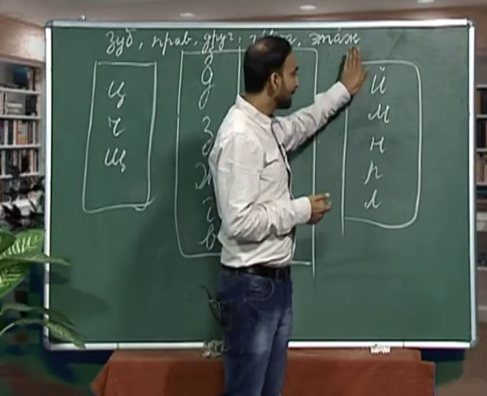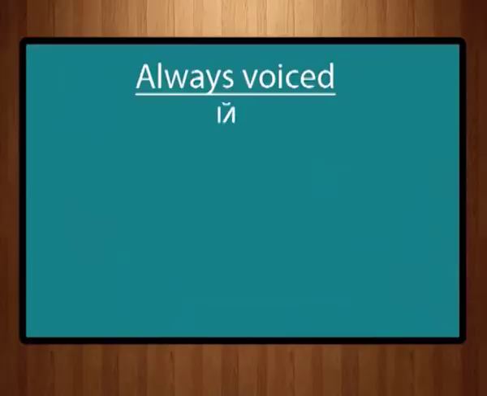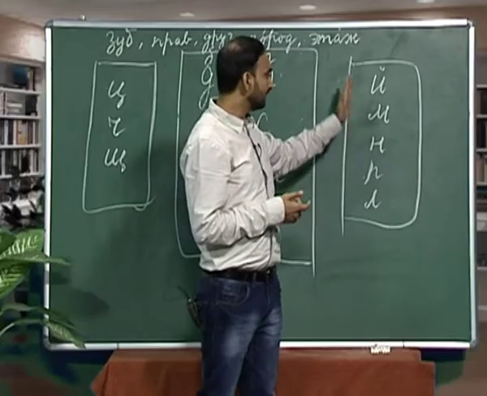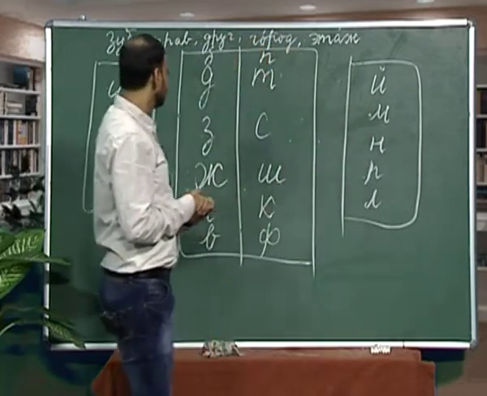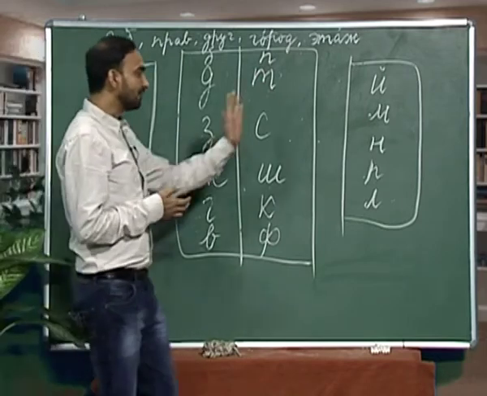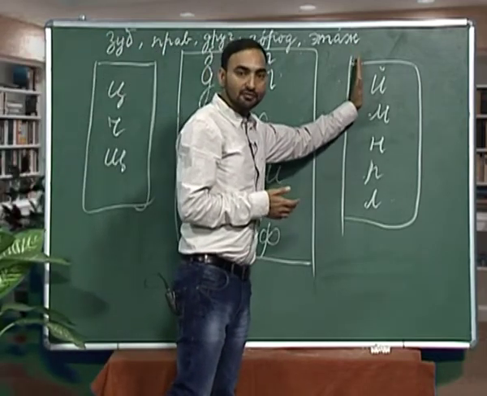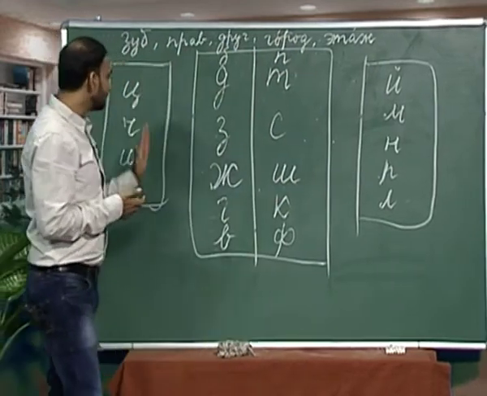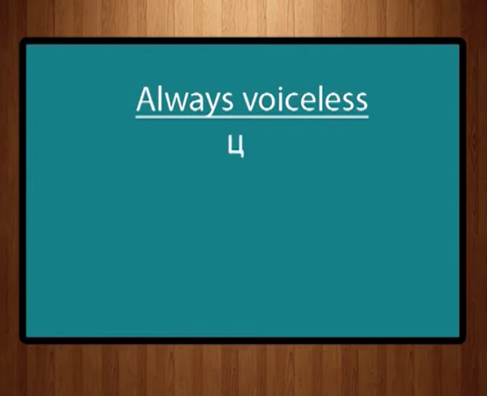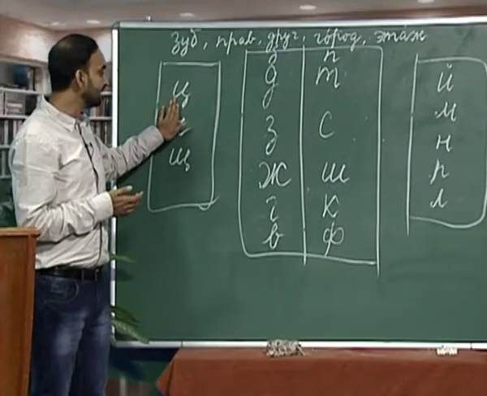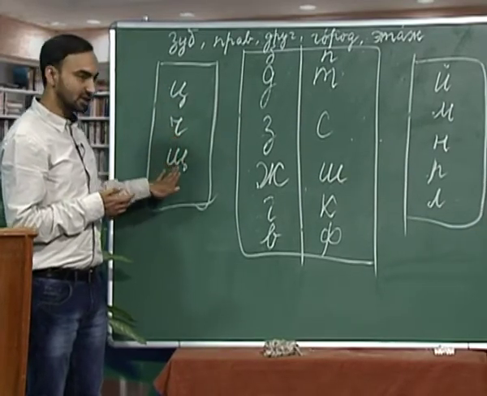Look at them: Y, M, N, R, L. So, these consonants are always voiced in the Russian language, and apart from the voiced consonants, there are certain consonants which are always voiceless. They are Ts, Ch, and Shch.